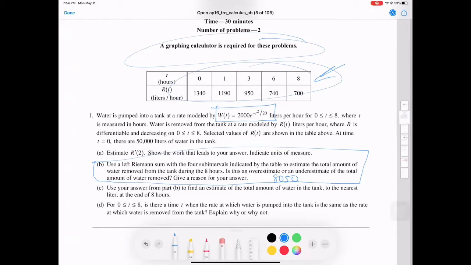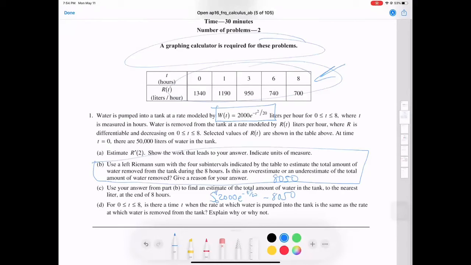Being pumped in, we take the integral of 2000 e to the negative t squared over 20 between 0 and 8. That's how much water was pumped in. Then we subtract out the water that was being lost, which is 8,050.